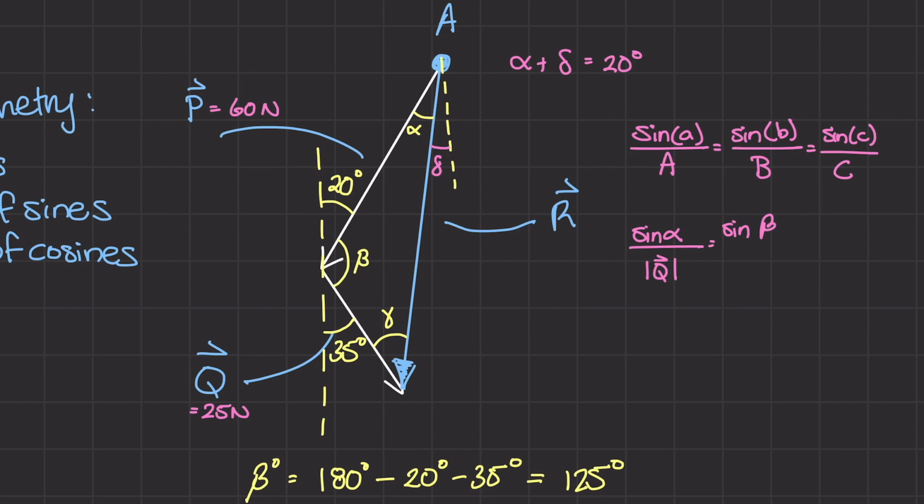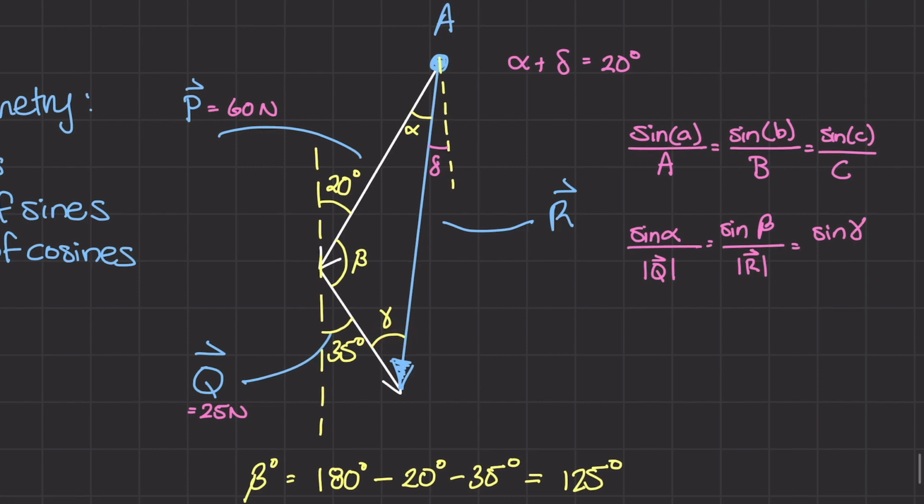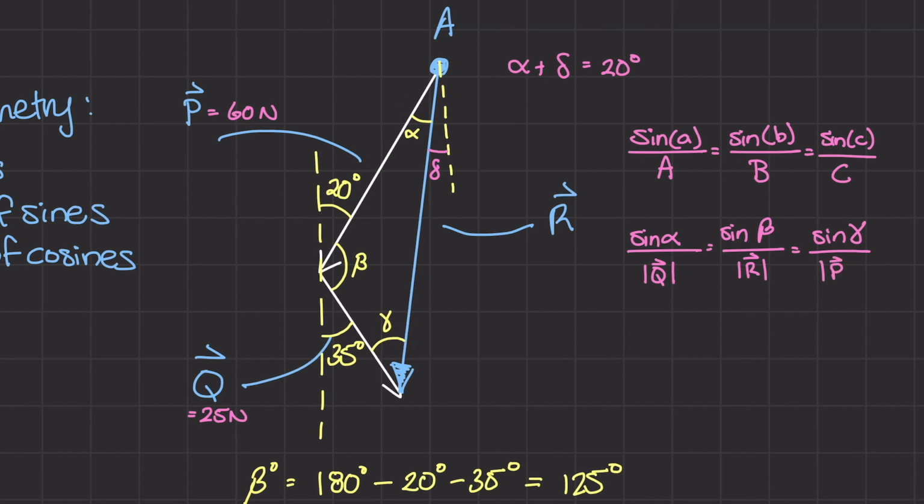We have beta over the opposite side of angle b, which is this resultant vector right here, so I can say that's the magnitude of r. And finally, sine of c. Sine of c here would be this last angle right here, which is gamma. So I could say sine of gamma over the opposite side of gamma, which is this side right here, P. So that would be the magnitude of P.